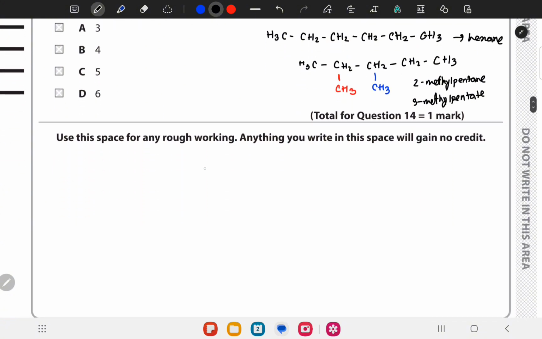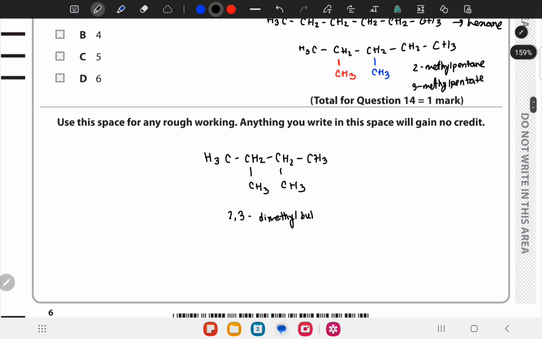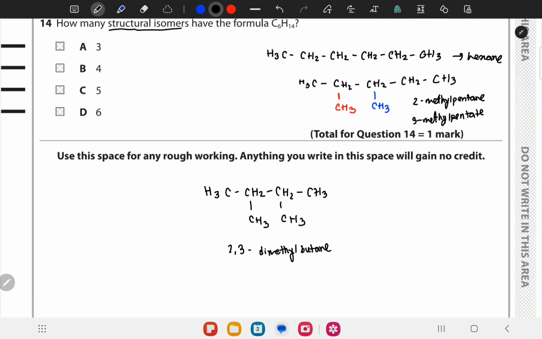We'll also have H3C, CH2, CH2, CH3. So we have 2,3 dimethyl butane. We could also have the methyl group on the same carbon.